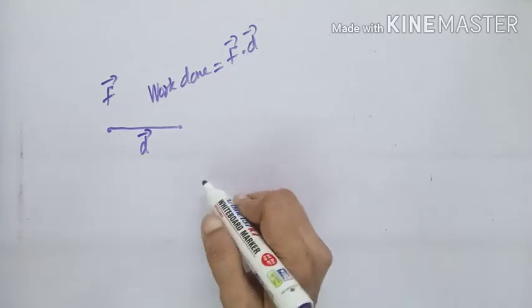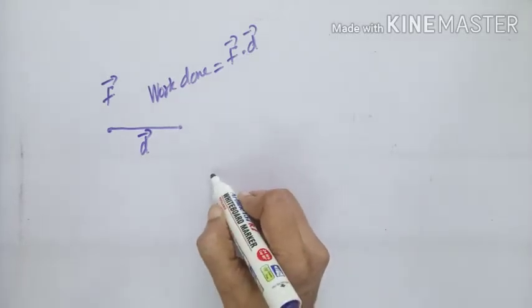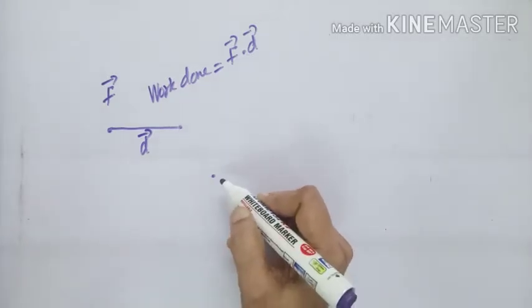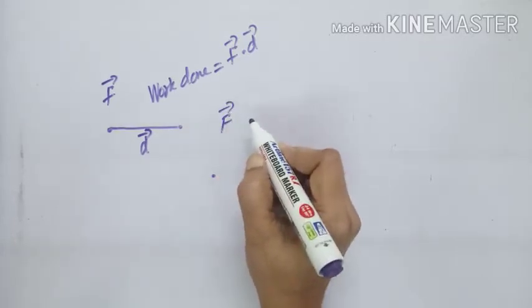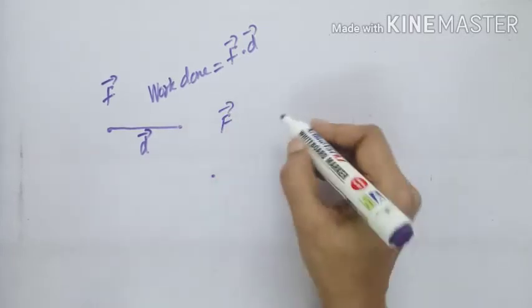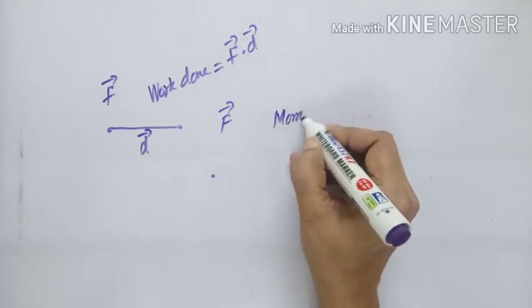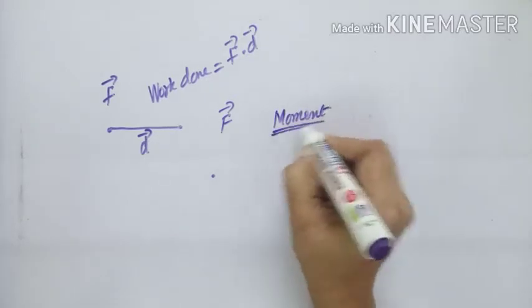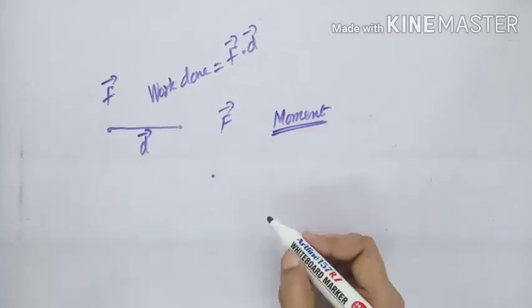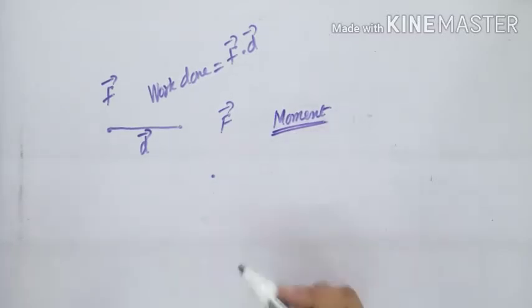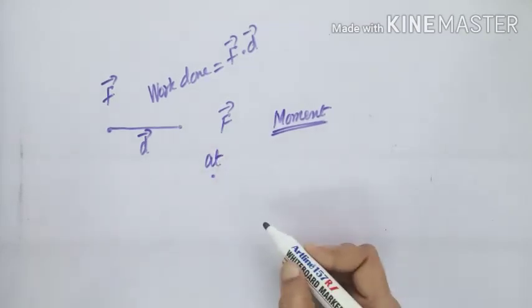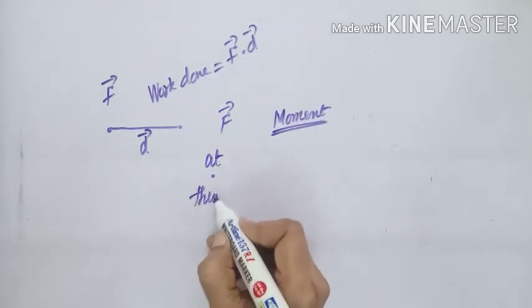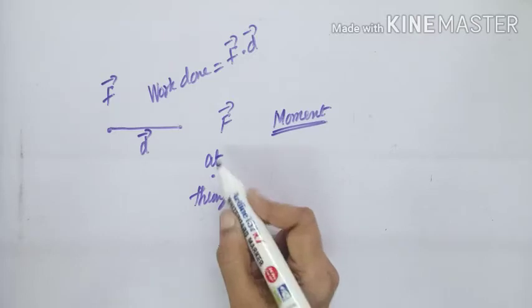Suppose we have a point again, a force is applied. What is the moment of this force? What is the question now? Moment. In finding moment, we need to know two things.